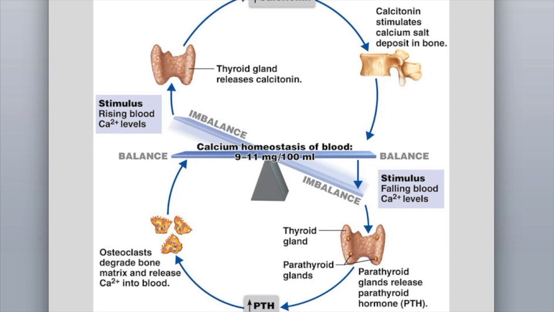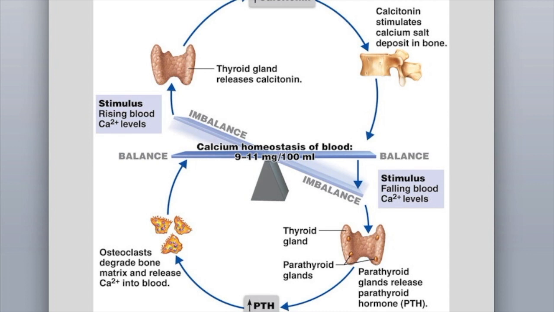So what that'll do is, if you remember, it will decrease blood calcium levels, which will then affect the parathyroid hormones to initiate osteoclast works to degrade bone to increase the calcium levels.